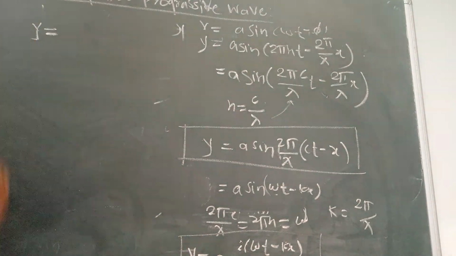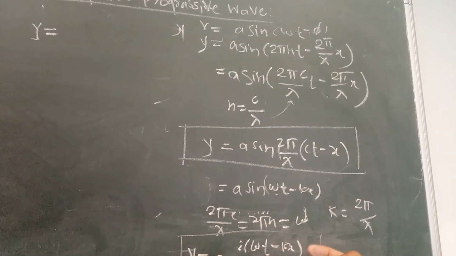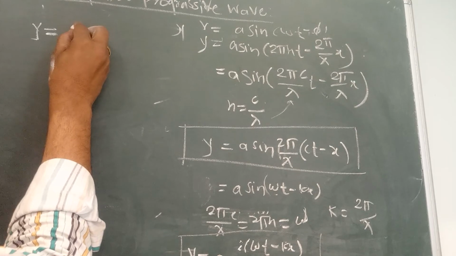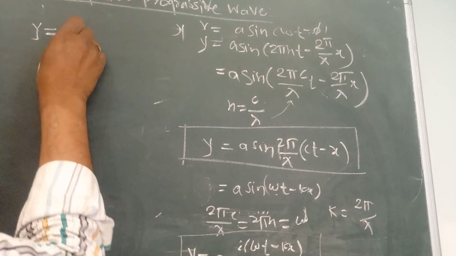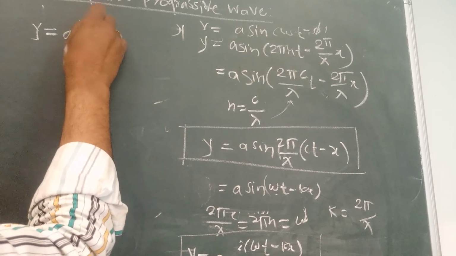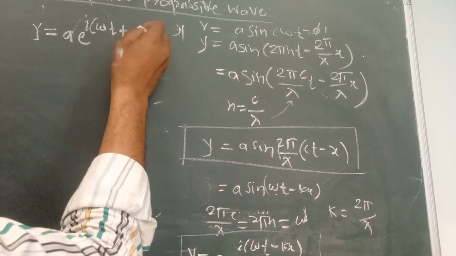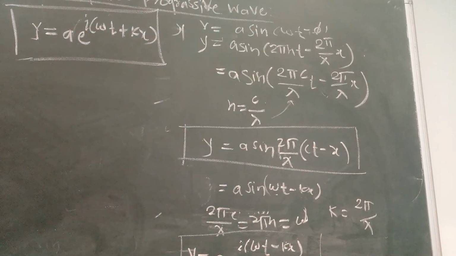So for the wave propagating in the negative x direction, y equals a e raised to i into omega t plus kx. This is the displacement of the wave in the negative x direction. So here we have completed this article.